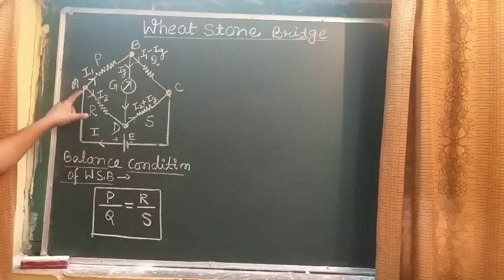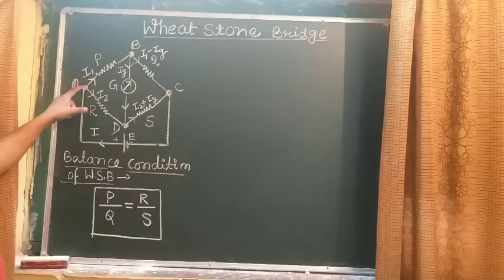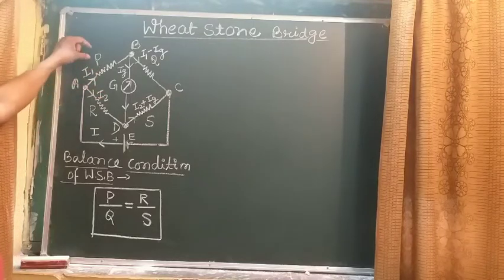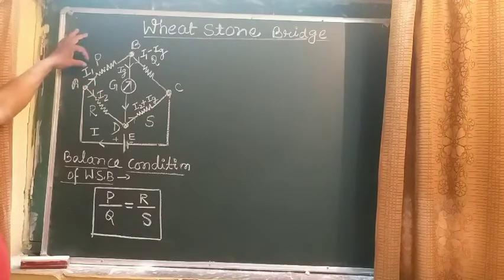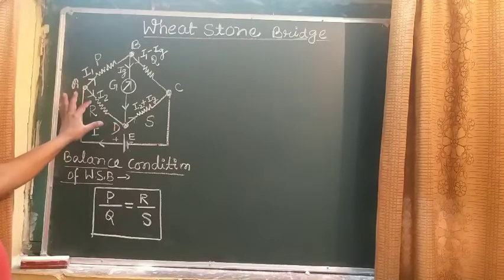The battery sends a current I, and this current I is divided according to the resistance. Suppose in arm AB the current flowing is I1, and in arm AD it is I2.